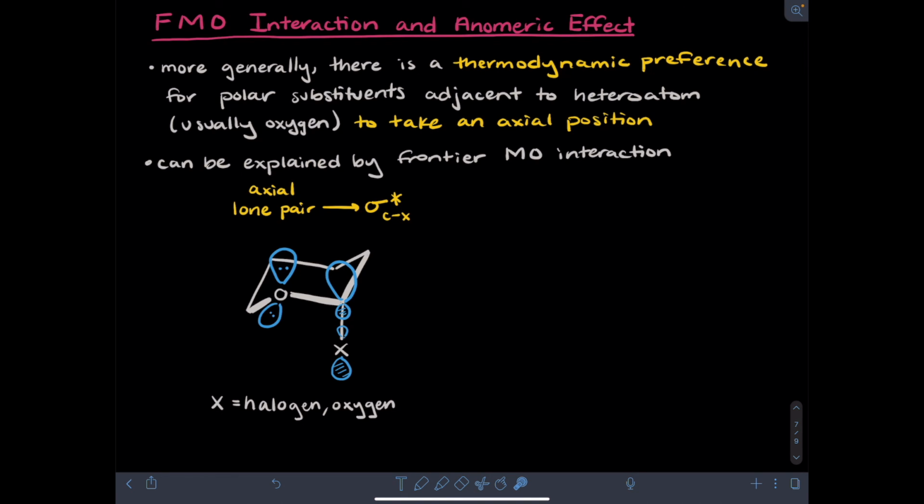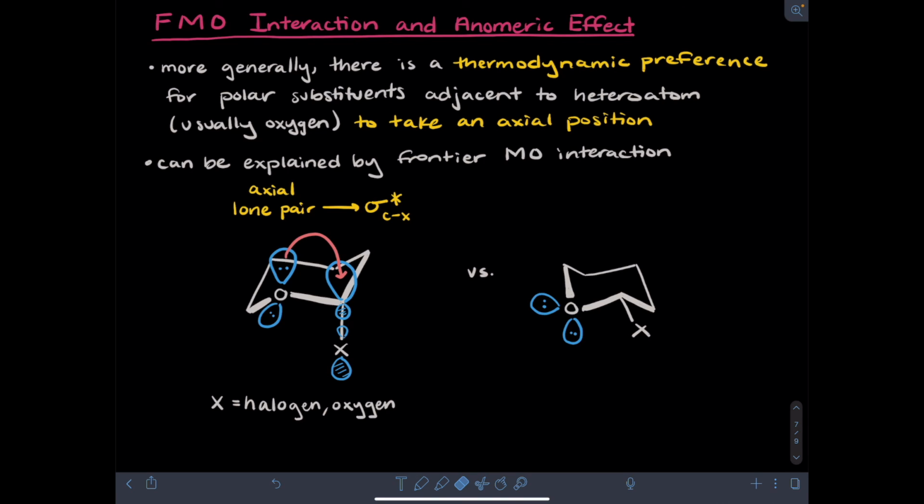I got this molecular orbital by mixing sp3 hybrid orbitals from carbon and X. And because carbon is less electronegative than the X group, the sigma star has a large lobe on the backside of carbon. When X is axial, this large empty lobe is correctly aligned with the filled lobe of the axial lone pair of oxygen, so oxygen can donate into this antibonding orbital. Just having these orbitals able to interact is favorable energetically and thermodynamically.